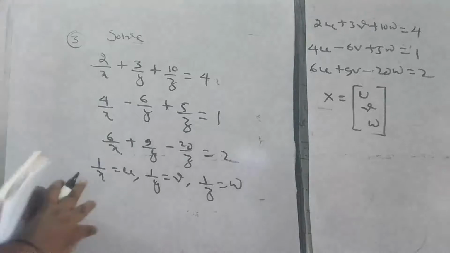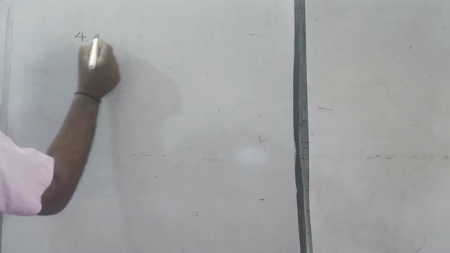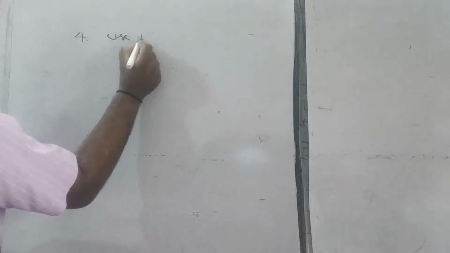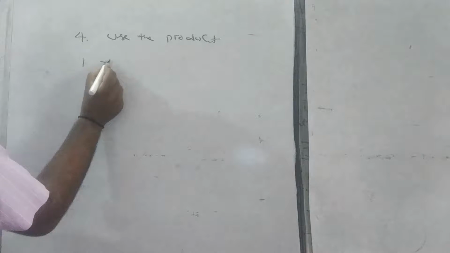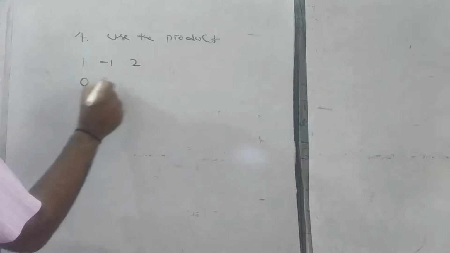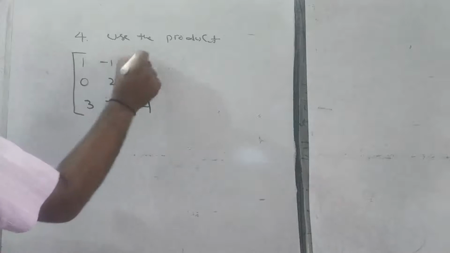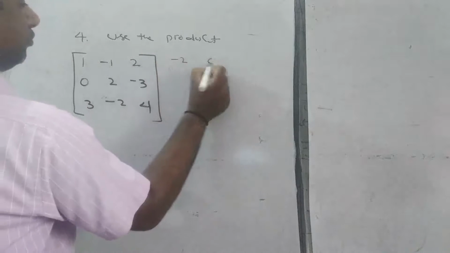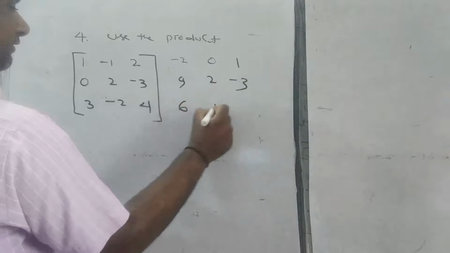Now come to the fourth category. In the fourth category of the question, use the product of the matrices [1 -1 2; 0 2 -3; 3 -2 4] and [-2 0 1; 9 2 -3; 6 1 -2].